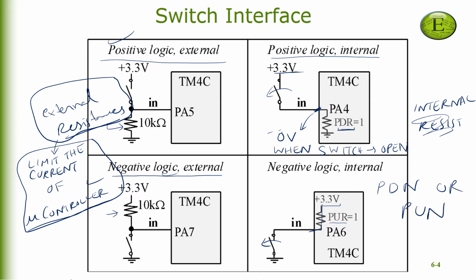If one is activated, then the two cannot be simultaneously activated. So either pull down resistance or pull up resistance, but not both. Because in that case, we might be running the risk of enabling a large amount of current to the microcontroller. And also, more importantly, the logic level at the pin might be ambiguous.